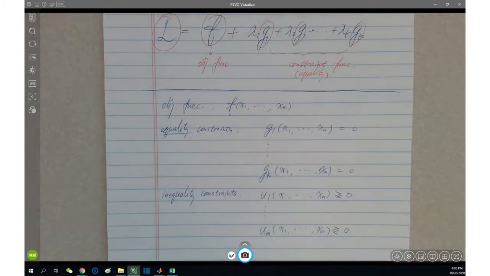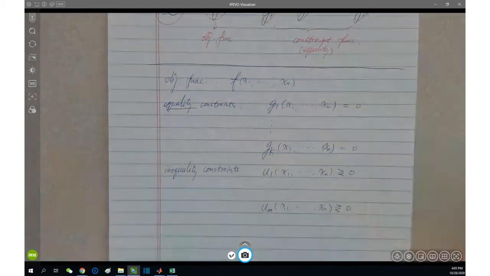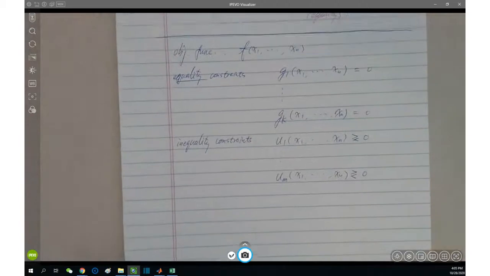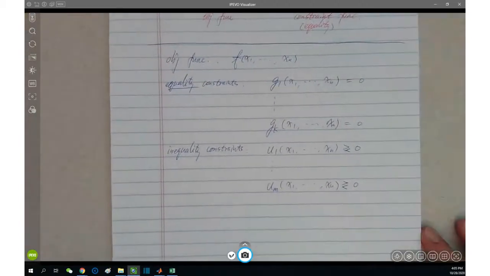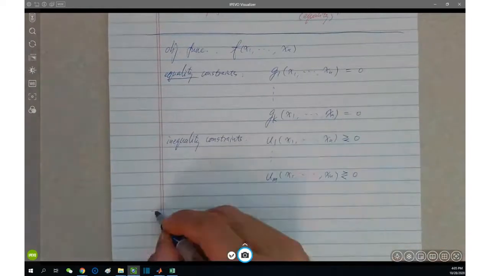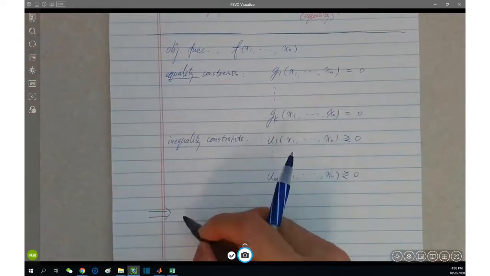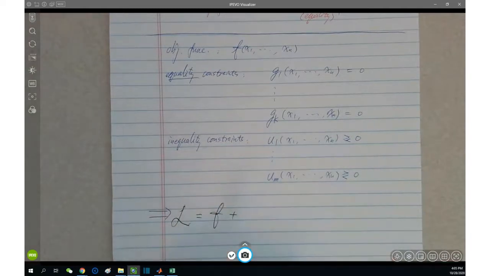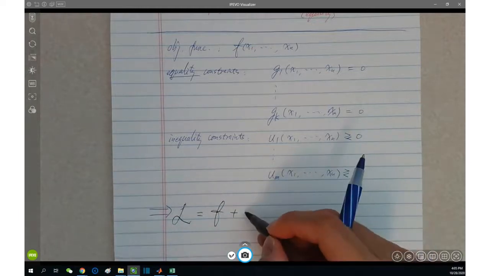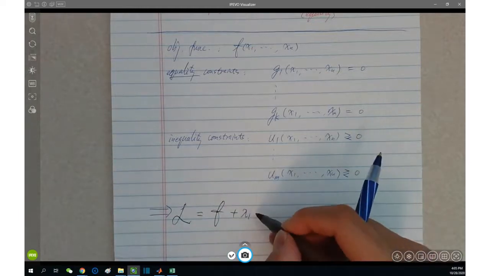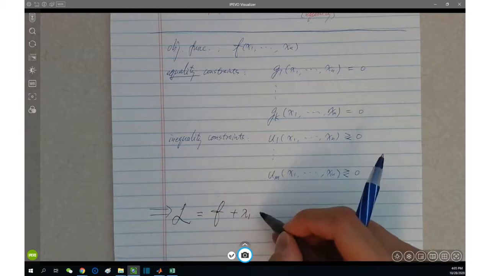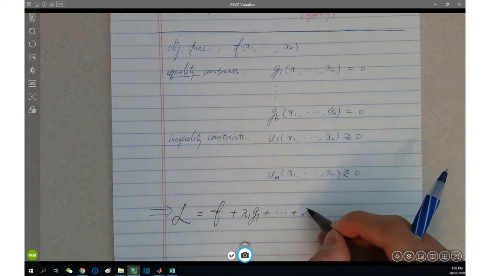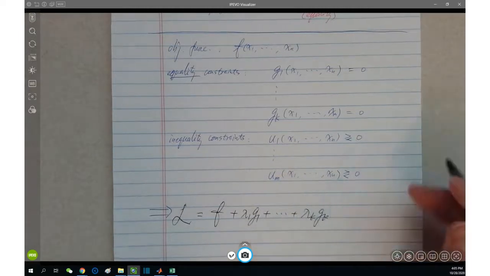So it's actually very straightforward when we develop this total Lagrange multiplier, just as simple as this. Once again, combining f and the g's and the u's, right? For the g's we remain using lambda 1 through lambda k. This is what we did in the previous lecture already.